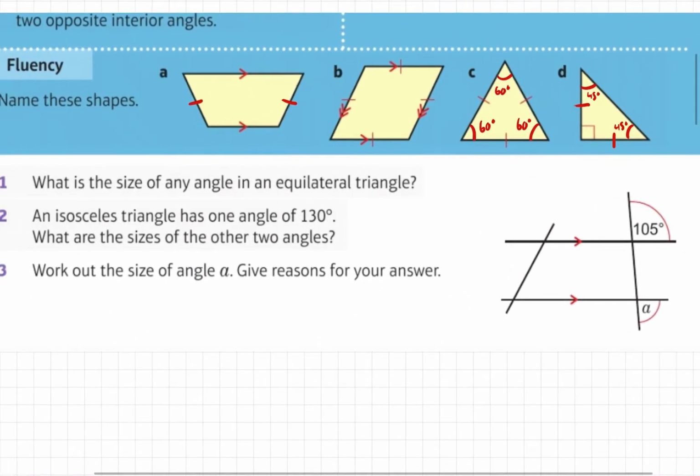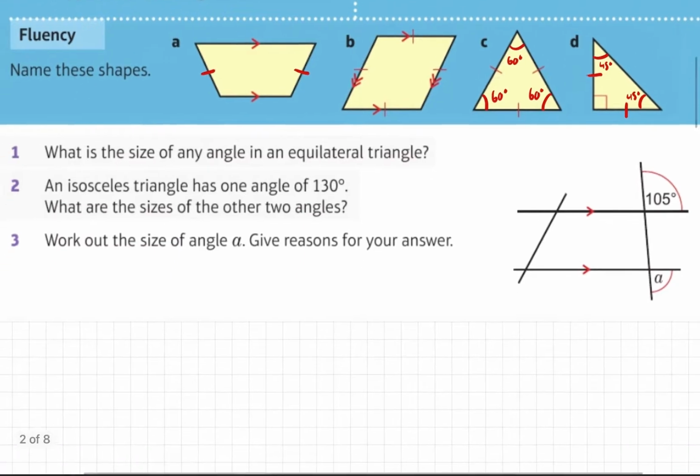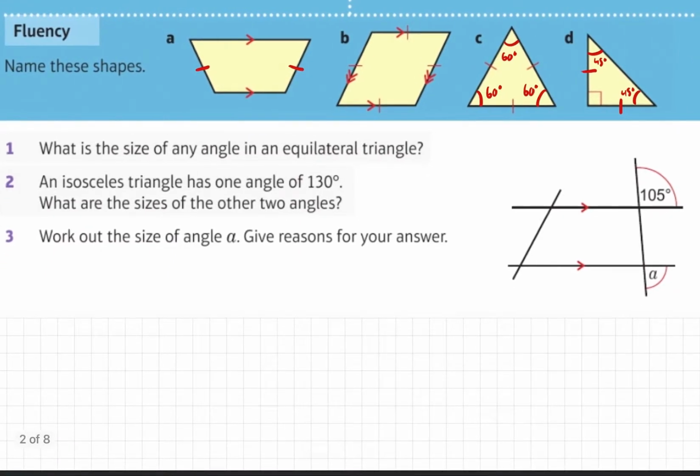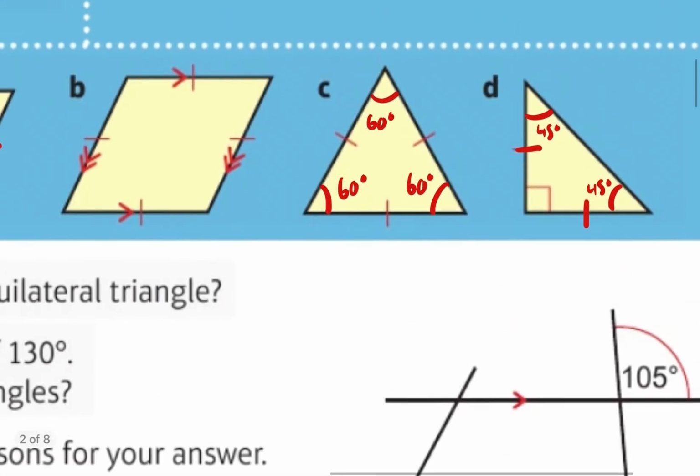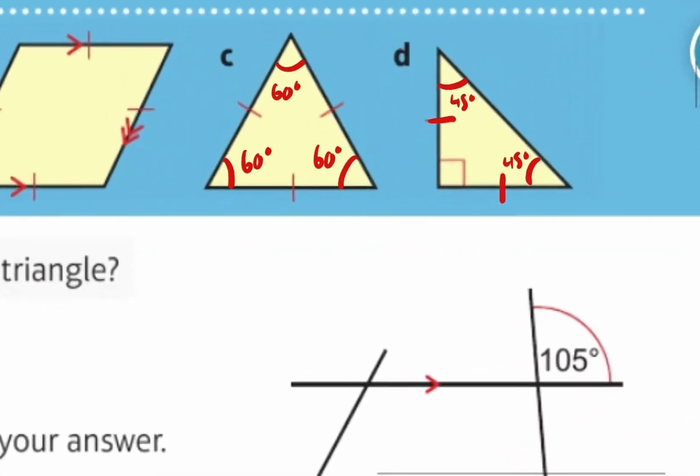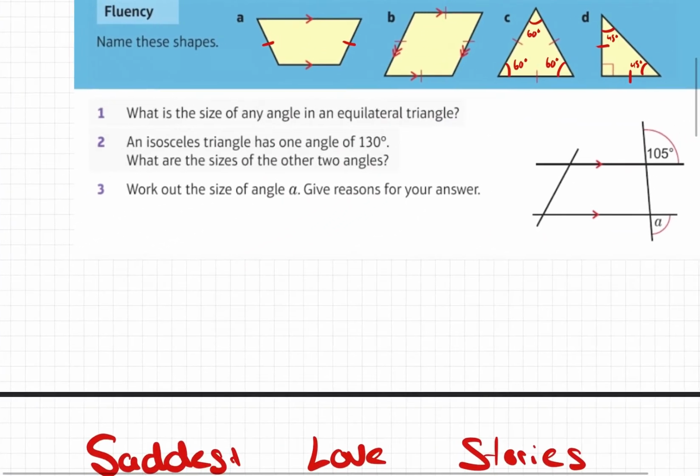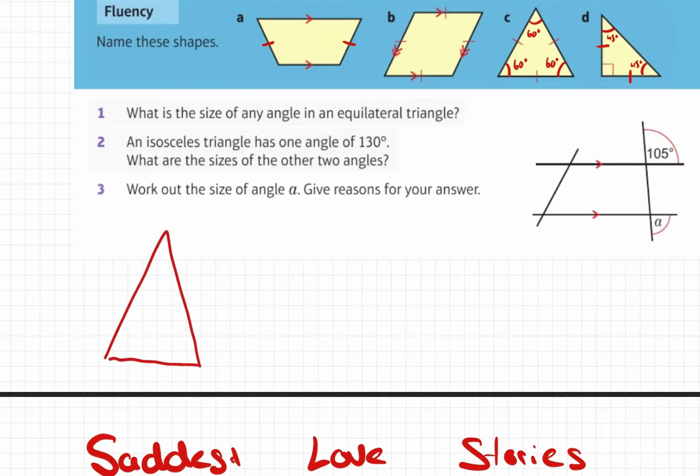So, what's the size of any angle in an equilateral triangle? 60 degrees. An isosceles has one angle of 130. What are the sizes of the other two? Well, an isosceles triangle is this one here. So, if two sides are the same, and we're given one of them, if that's 130 degrees, and all angles in a triangle add up to 180, you can do 180, take away 130 and divide it by 2, and you're left with two angles of 25 degrees.